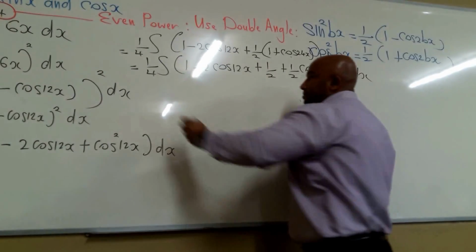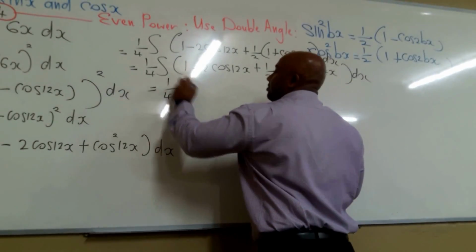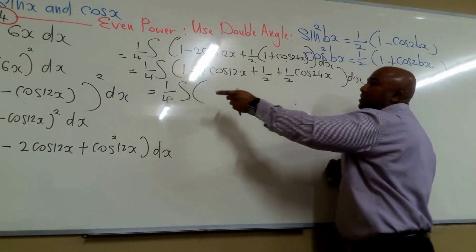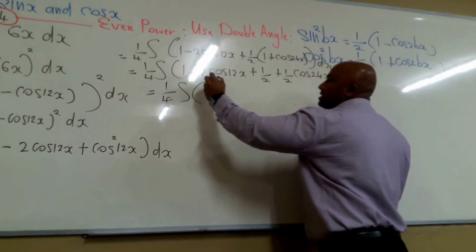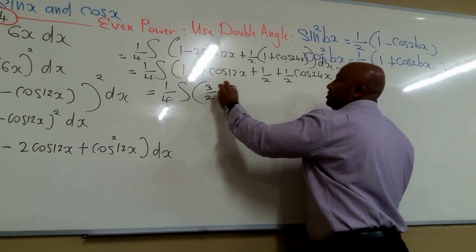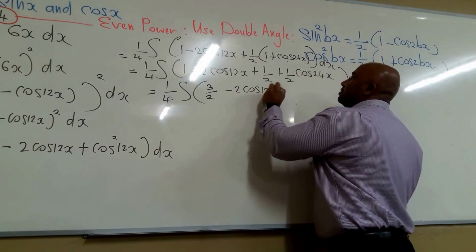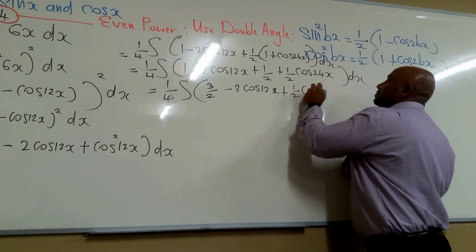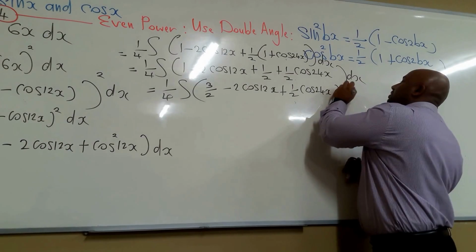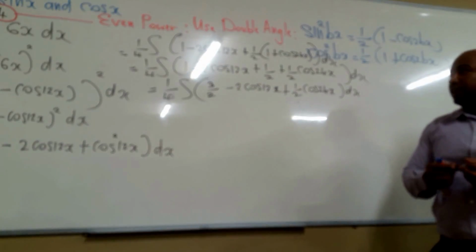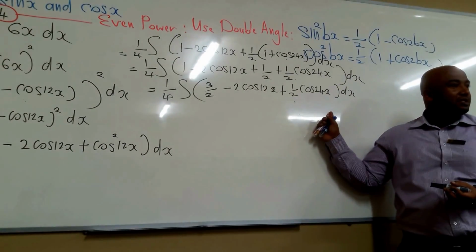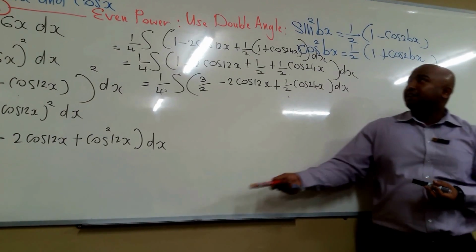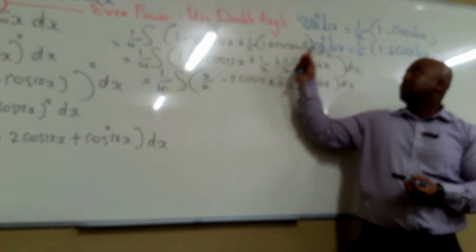Can you see that? So if you want to, you can add 1 plus half, which is 1 and a half, which is 3 over 2. So if you simplify it, you only end up with just 1, 2, 3 terms to integrate. But if you do not simplify it, then you end up with 1, 2, 3, 4.